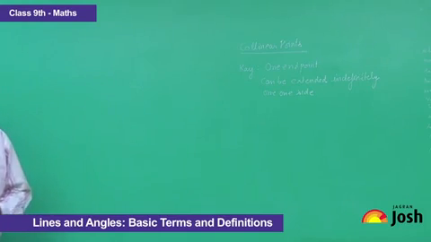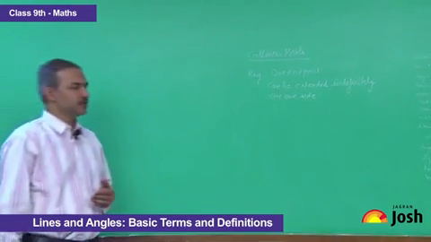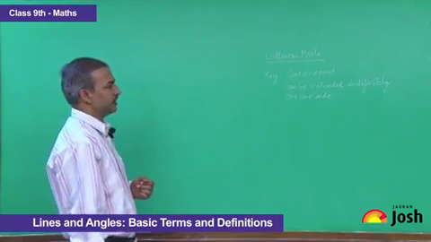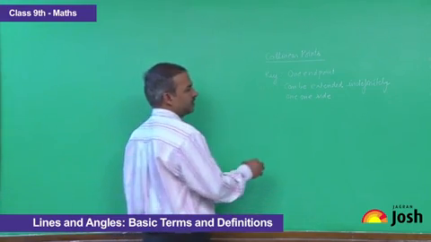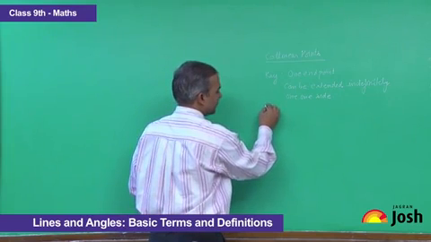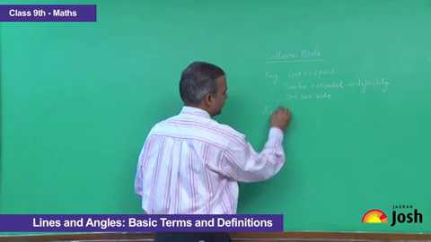I have told you about rays because the next term that you are going to study involves the rays. When two rays have a common initial point, then they are said to be forming an angle.